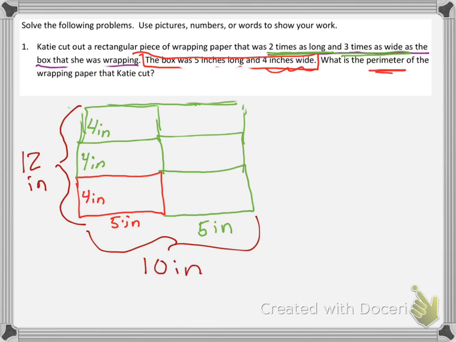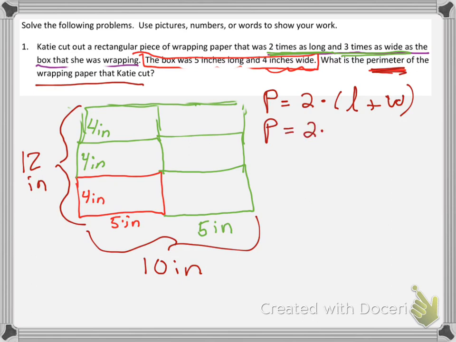So now in this word problem, it's asking you, what is the perimeter of the wrapping paper that she cut? So we know with our formula, we need to have our perimeter. So what's that formula for perimeter again? Well, it's P equals 2 times the length plus the width. So now we need to plug in those numbers. Bring down our P. P equals 2 times.